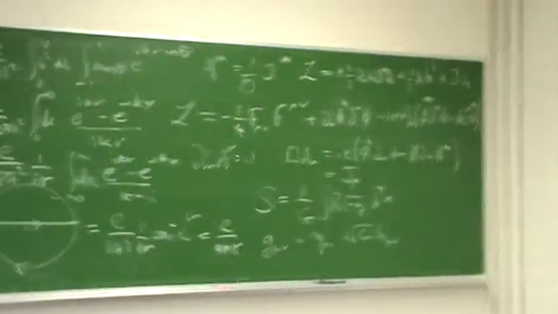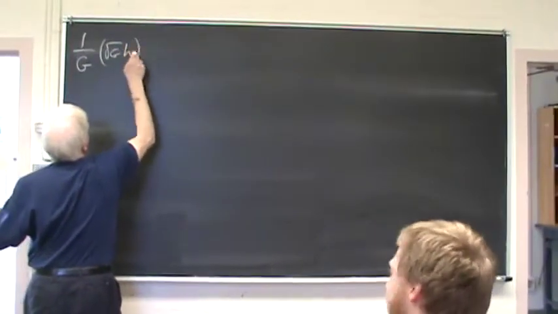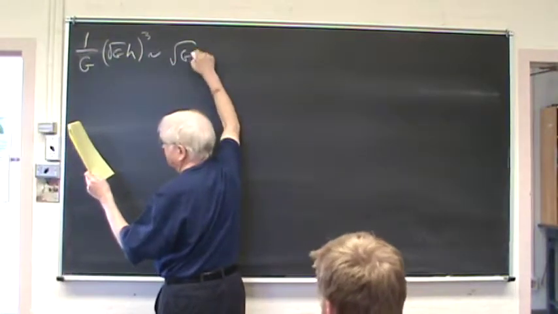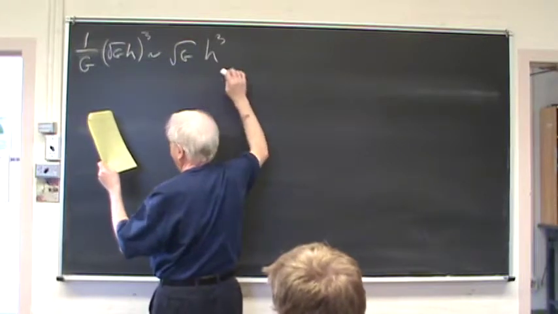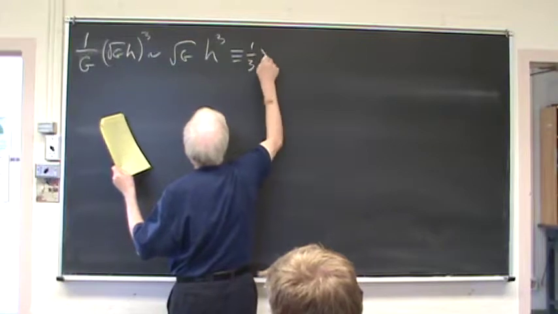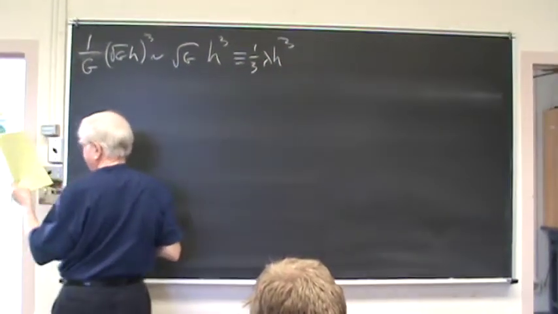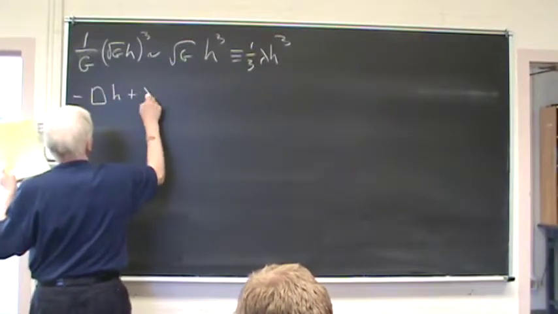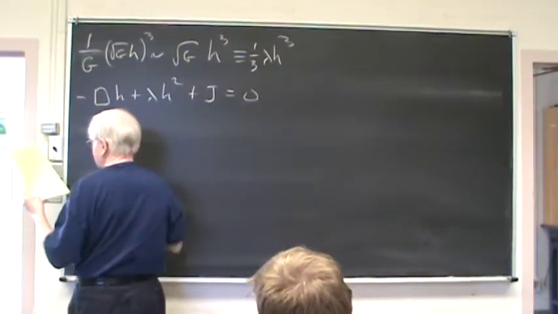This is the interaction, I should say. And this we're setting equal to 1/3 lambda h cubed. So lambda is square root of big G. And now our equation is minus box h plus lambda h squared plus j equals 0.